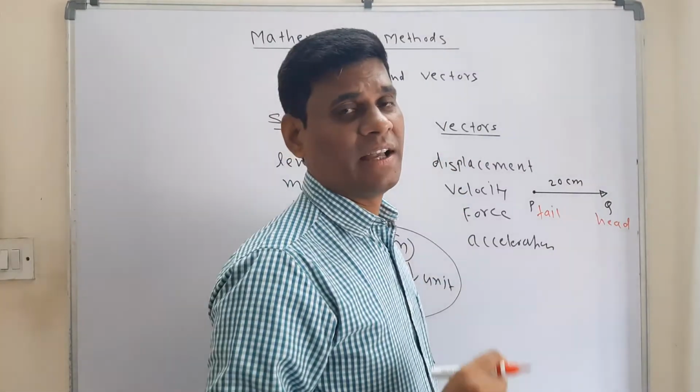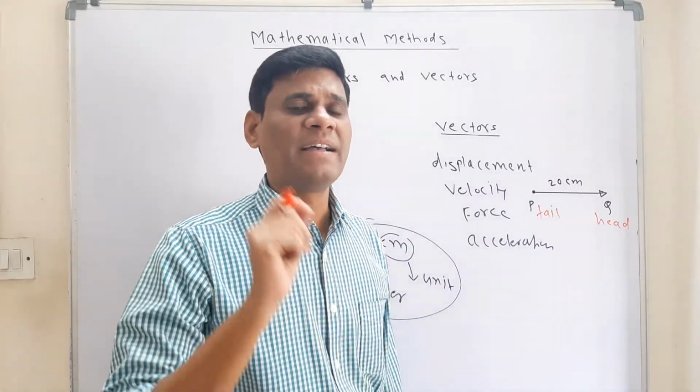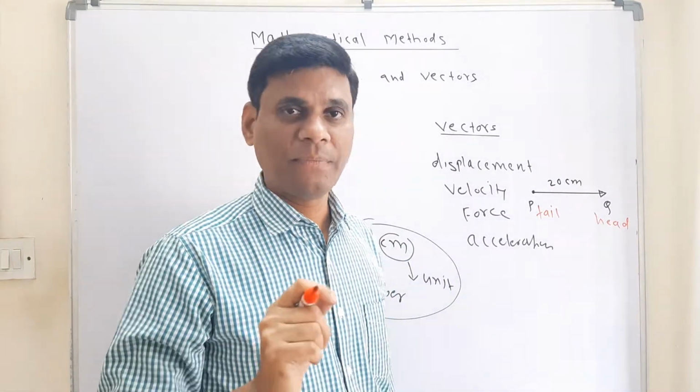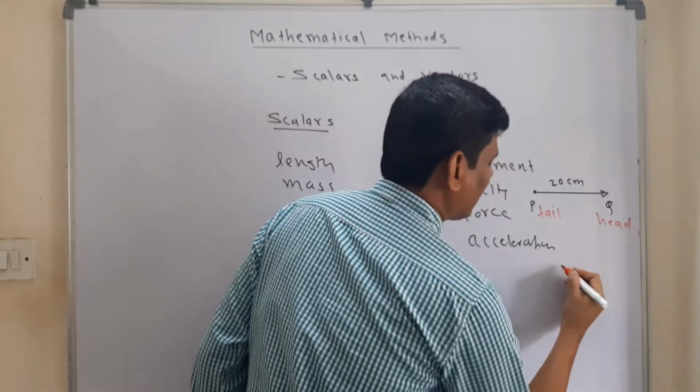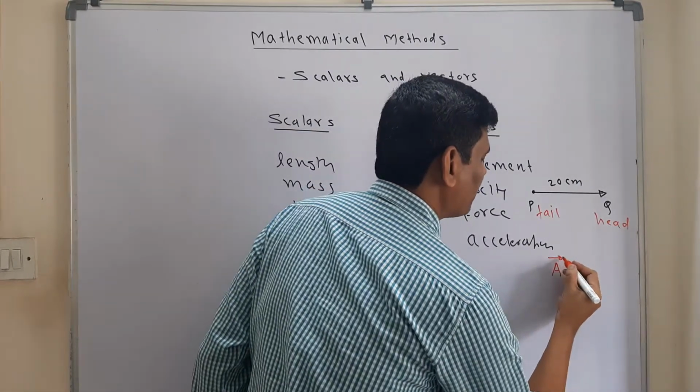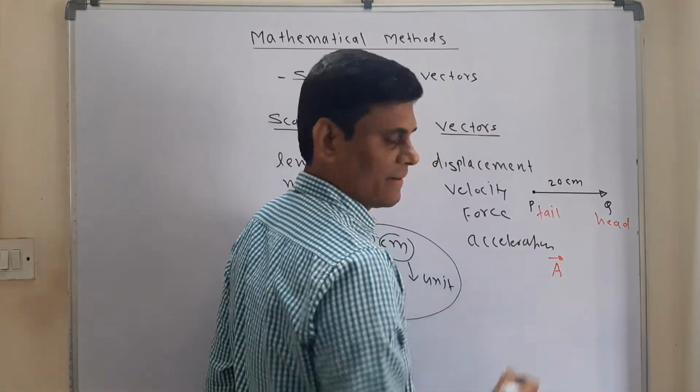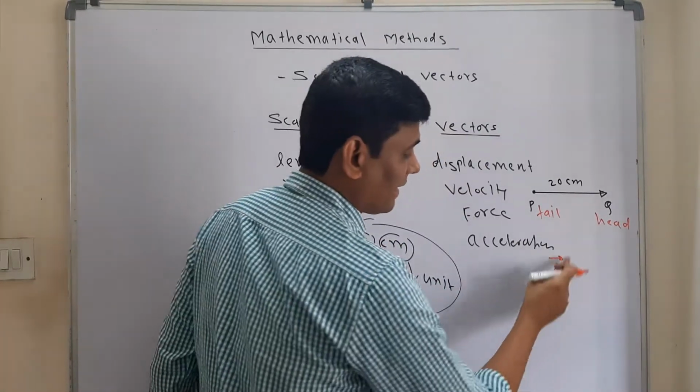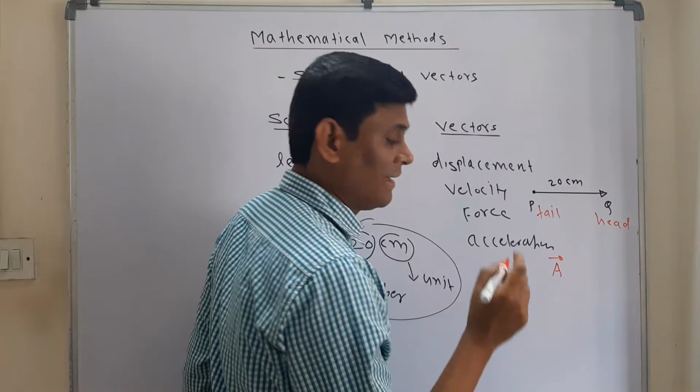Also note students, any vector you can represent by a single capital letter. Suppose if I want to represent a vector, I can write a capital letter with an arrow above it. This also represents the vector. And if I want to represent the magnitude of this vector, there are two ways.